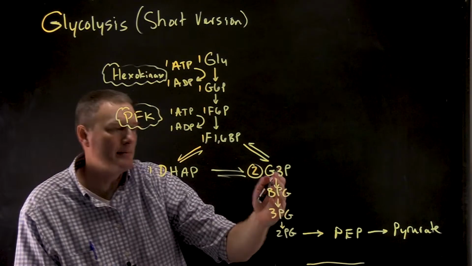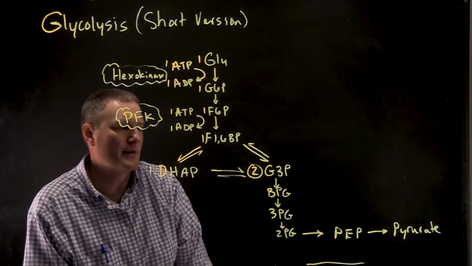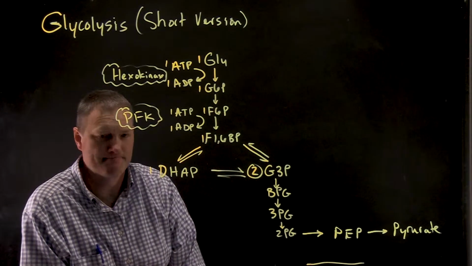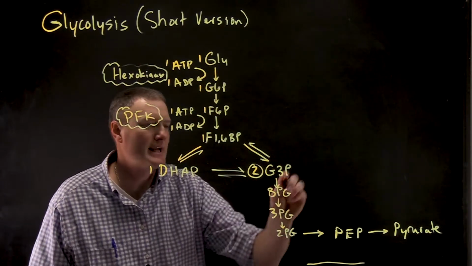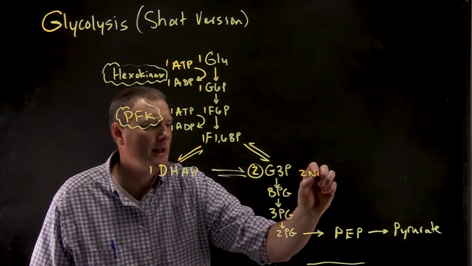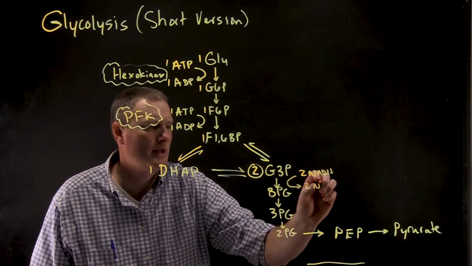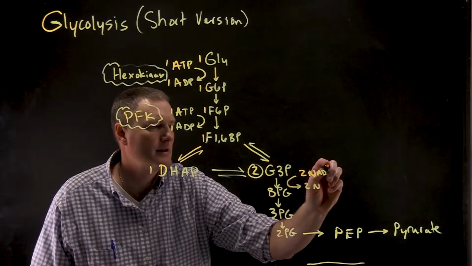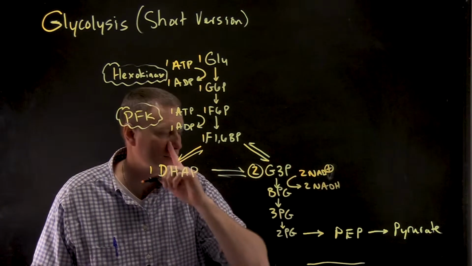So in this next step, glyceraldehyde 3-phosphate is going to be converted to bisphosphoglycerate. So from these 2 glyceraldehyde 3-phosphates then, we're going to take 2 NAD pluses and convert them to 2 NADHs.